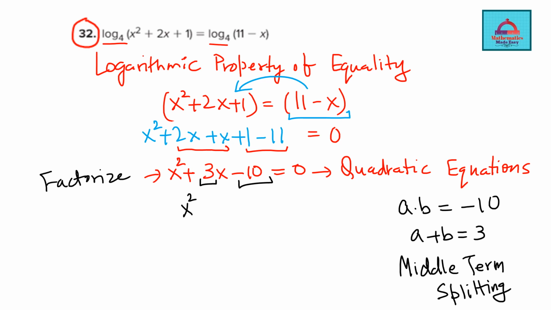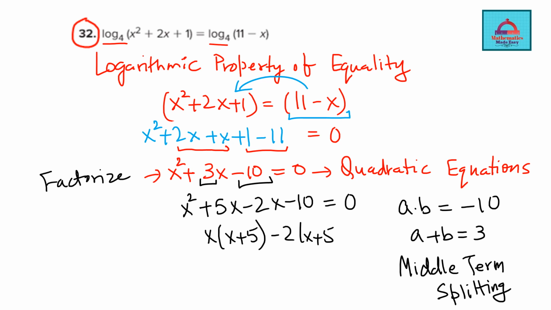Okay, so tell me, can I choose plus 5 and minus 2? Let's see. So when we do that, we take the common factors. So x will go with x plus 5, negative 2 with x plus 5. So the two roots are plus 2 and minus 5.